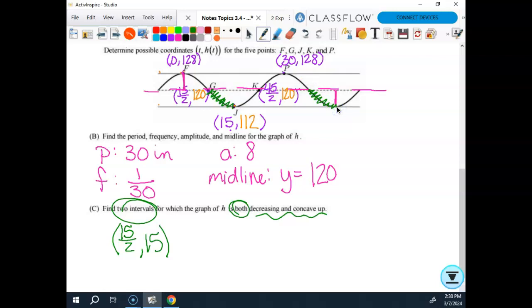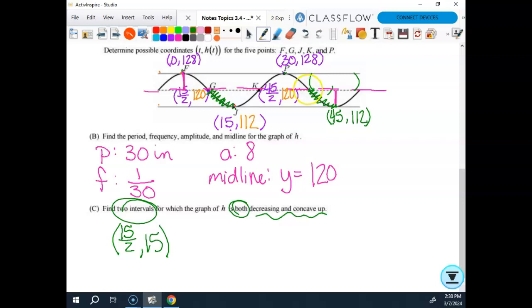So let's start with just the x values. What is the x value for this one? What would it have to be? If I'm 0 here, 15 here, 30 here, this would be 45. Good. And what's the y value? 112. Okay. And then here, what would my x value be?